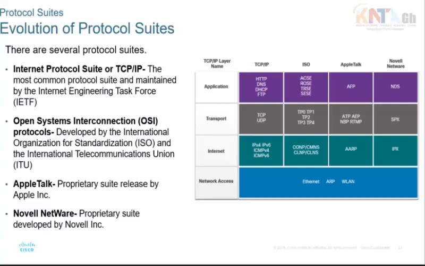This is a protocol suite developed by the ISO and the International Telecommunications Union. We also have another, which we call the proprietary suite, released by Apple Incorporated, and we call it AppleTalk. And then we have the Novell Network, a proprietary suite developed by Novell.